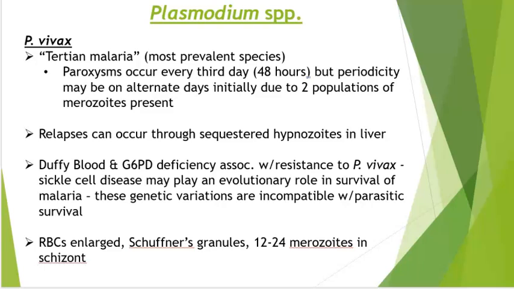For Plasmodium vivax, you can have red blood cells that are enlarged. You may see what's called Schüffner granules. These are dots found in your red blood cells that are associated with malaria. For vivax, you're going to see anywhere between 12 to 24 merozoites in your schizonts in your red blood cells.